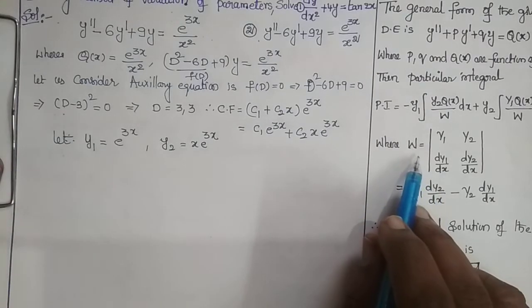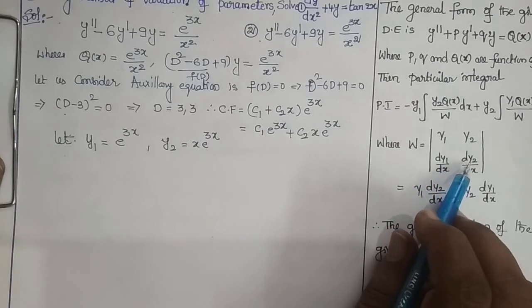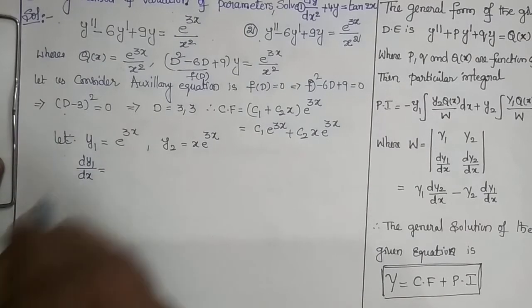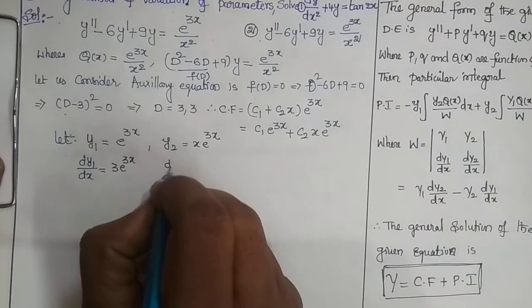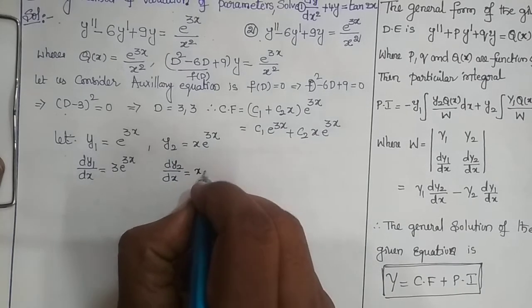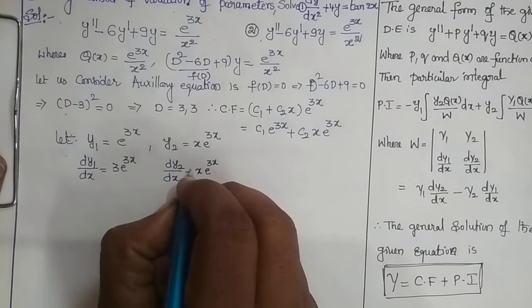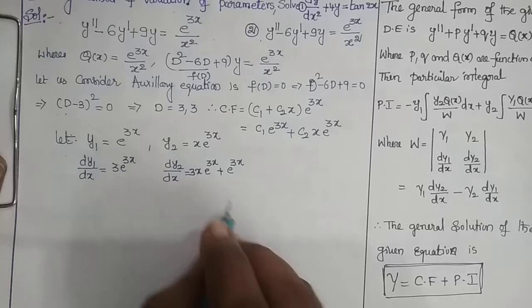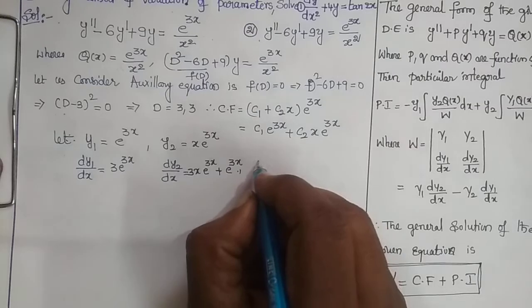So we are going to find W. Let us find dy1 by dx and dy2 by dx. dy1 by dx is 3 into e power 3x, and dy2 by dx, using the product rule, is x into e power 3x into 3, plus e power 3x into the differentiation of x, which is 1.